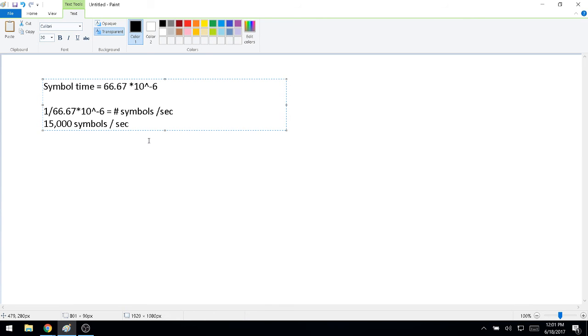But remember, since we're using OFDMA, because it's LTE, or OFDM rather, OFDM or OFDMA, that's per subcarrier. So we have 15,000 symbols per second, and that means we have 15,000 bits per second per subcarrier.